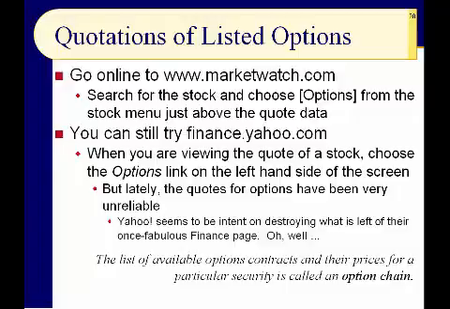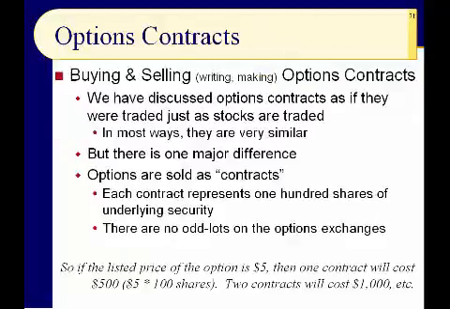You can choose companies of your choice, but I'd prefer that you choose one that's fairly stable and one that's fairly volatile, and see how these things perform. Okay, makes sense? And take a look at the presentation for finding the options chain for any individual stock.